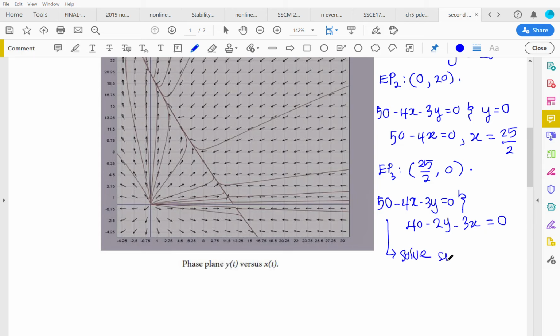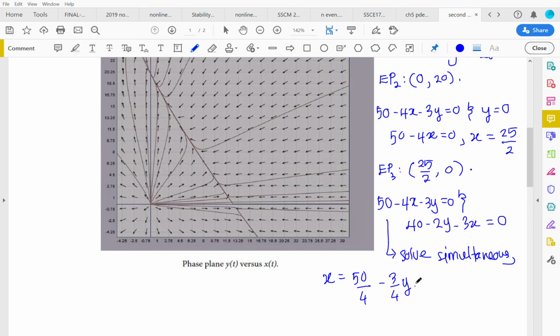Solving simultaneously, we get x and y from these two equations. So x is equal to 50 over 4 minus 3 over 4 y.